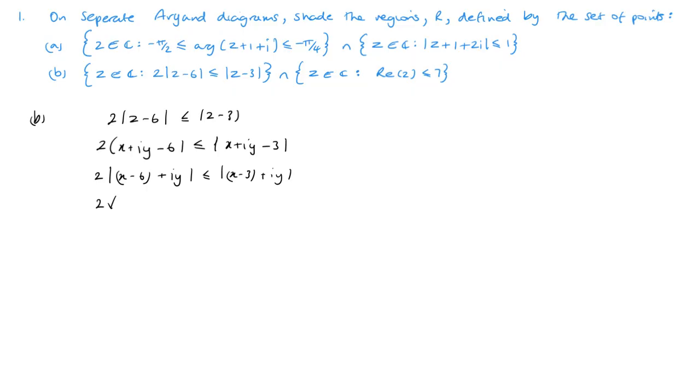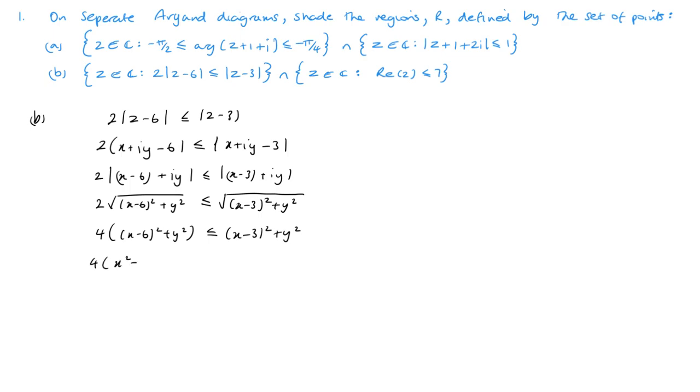Now this equals (x minus 6) squared, which is 4 times (x minus 6) squared plus y squared, less than or equal to (x minus 3) squared plus y squared.